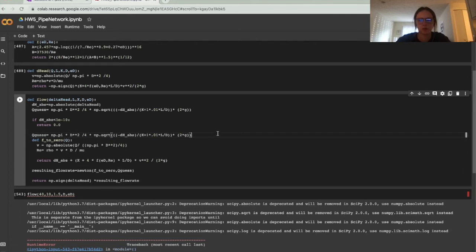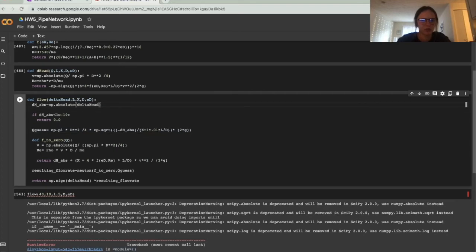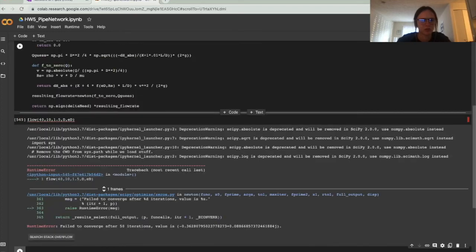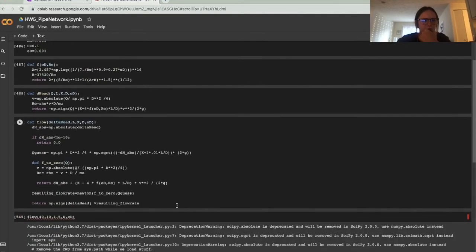That might help. I'm not sure. Nope. 50 iterations. Okay. I'm gonna come back again, see if I can figure this out.